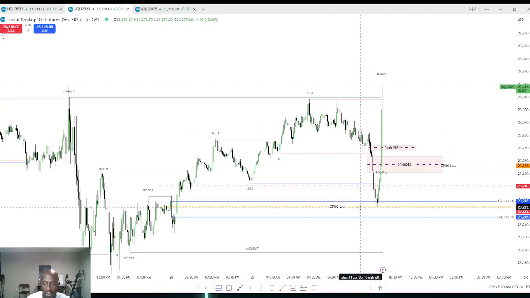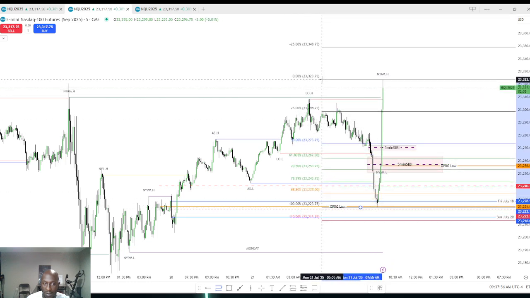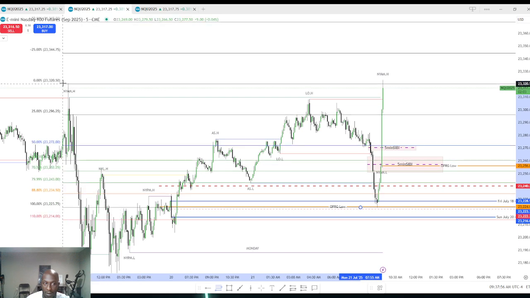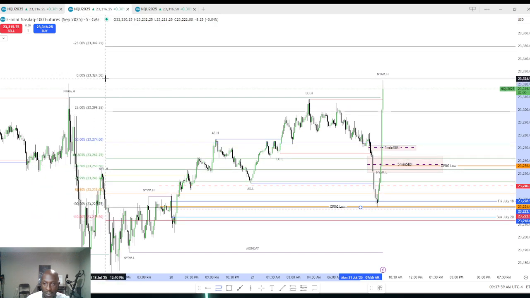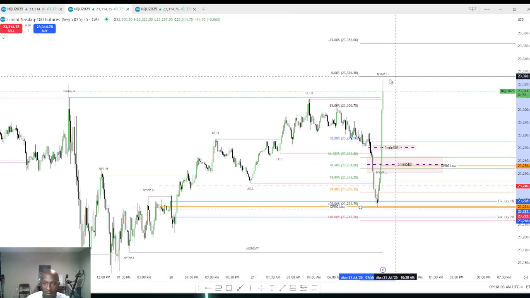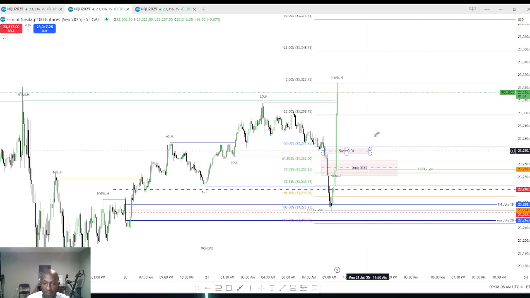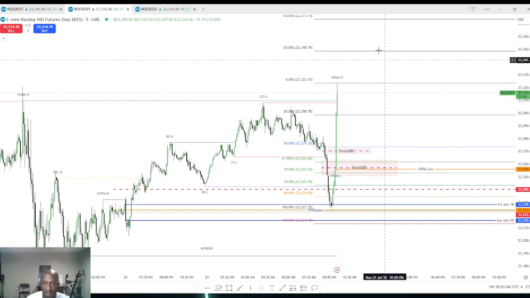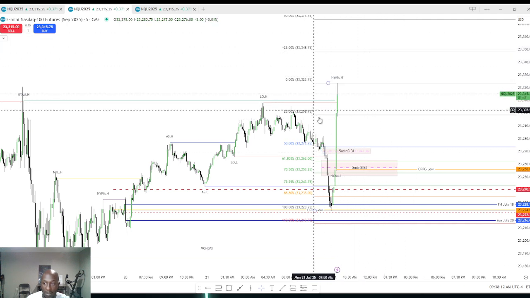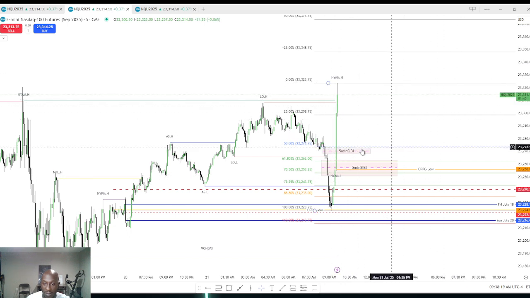So we got low to, technically that's the high right there. So anything above the 50, it's a premium. We're at a premium. Market can continue to go to the premium, but I would prefer for it to come down to a discount. So anything below this 50 is considered a discount.